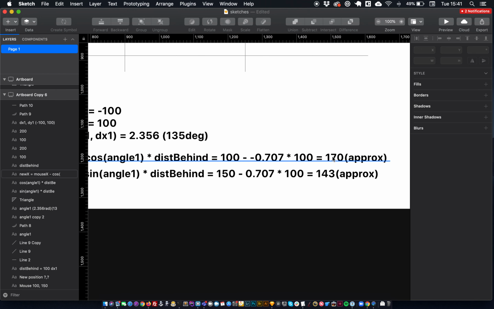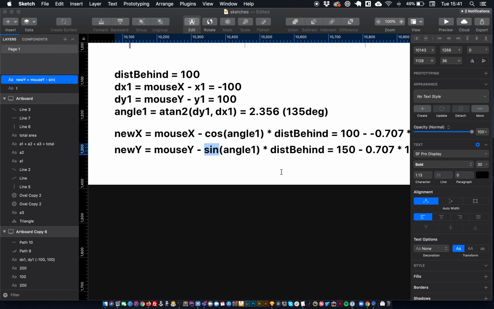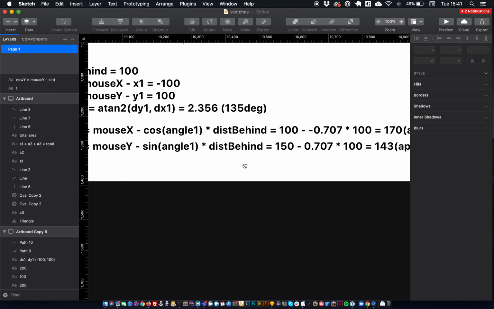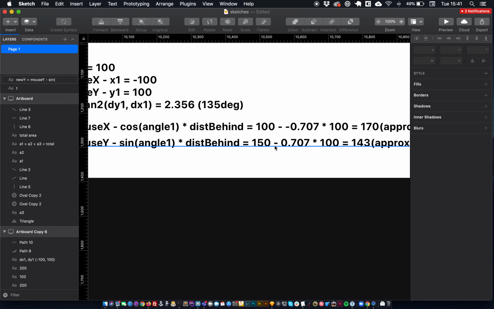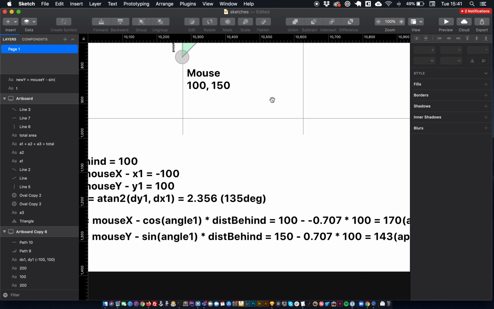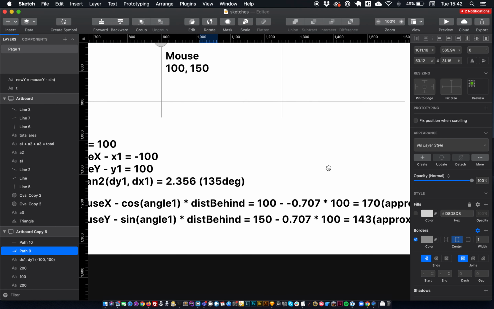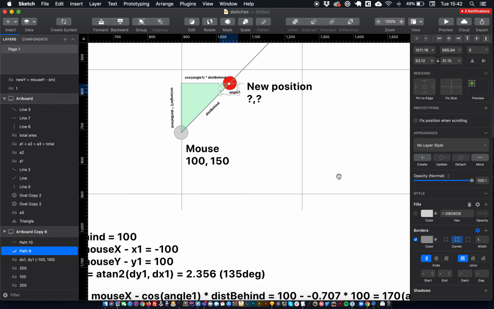So the position we've got is approximately 170. The same with the Y position, except we're going to use sine. So it's 150 minus sine of angle 1 times the distance behind, and that equals approximately 143. So you can see that this is our new position here. That's our values there, 170 by 143.